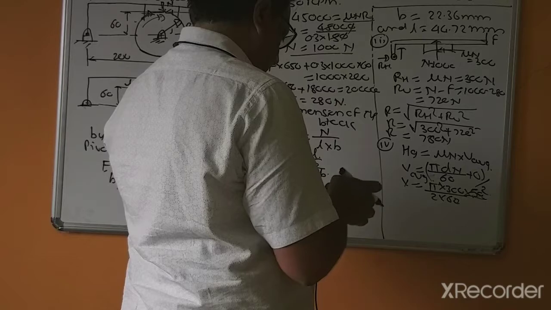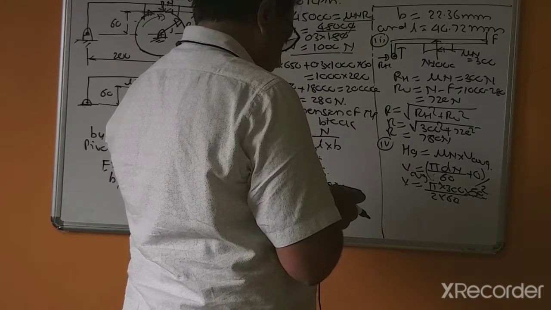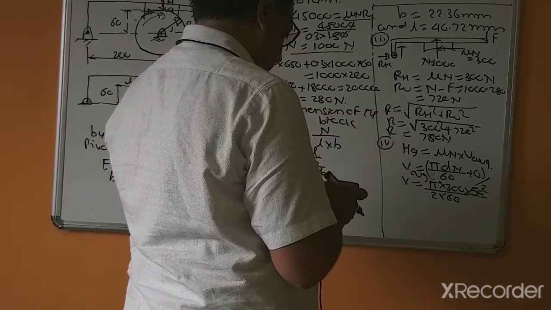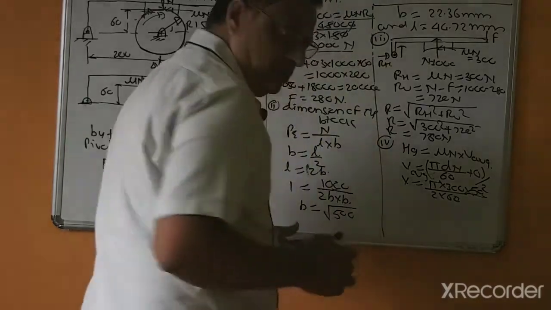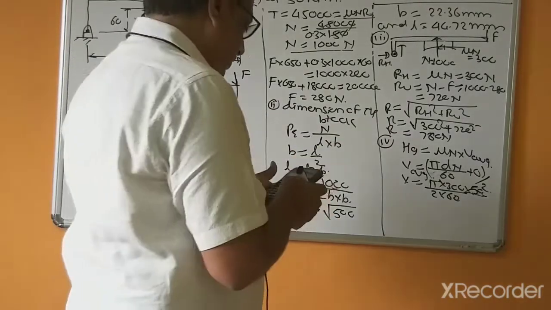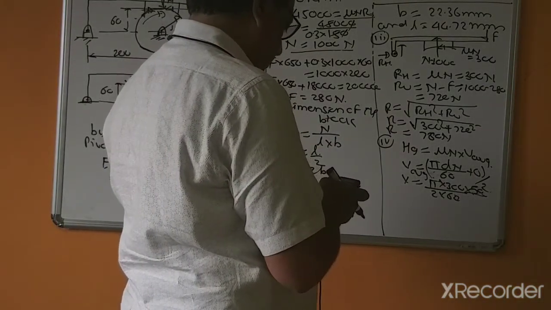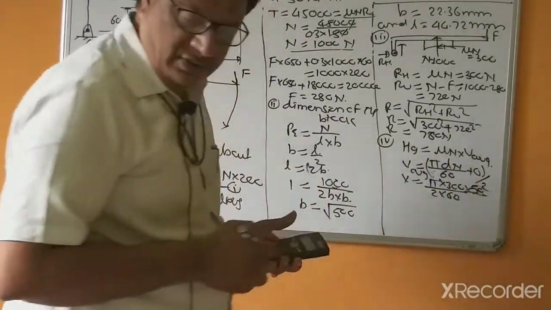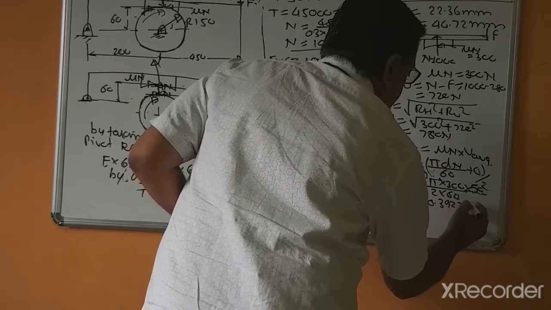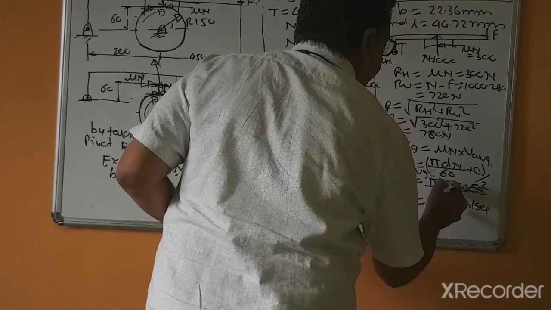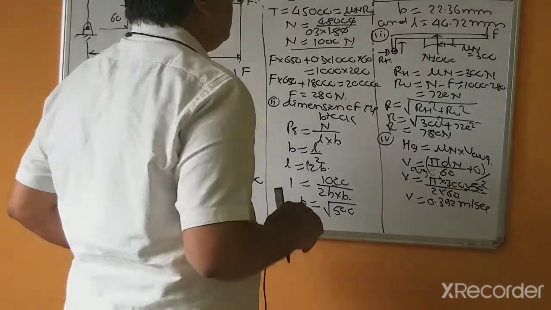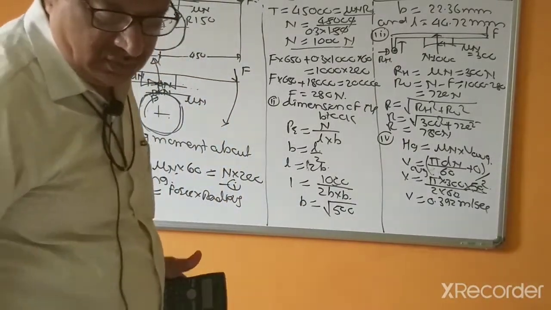So pi multiplied by 300, this gives 392 divided by 1000, so V equals 0.392 meter per second, because this is in mm.